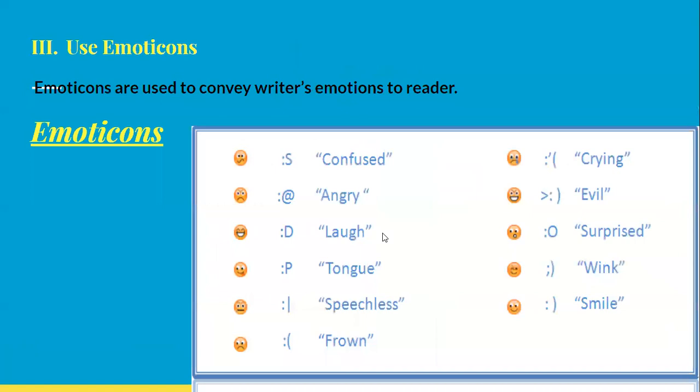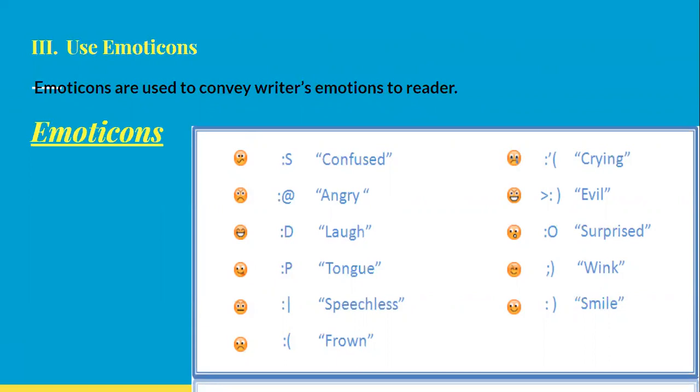The next one is use emoticons. Emoticons are used to convey the writer's emotions to the reader. If someone is writing anything, we don't know their emotion unless we have a web camera.